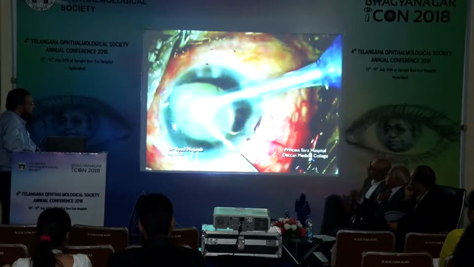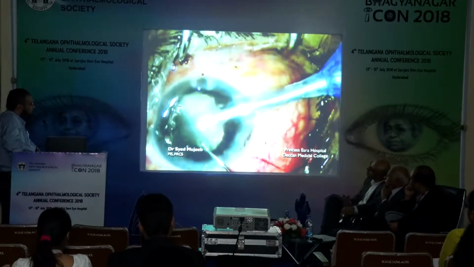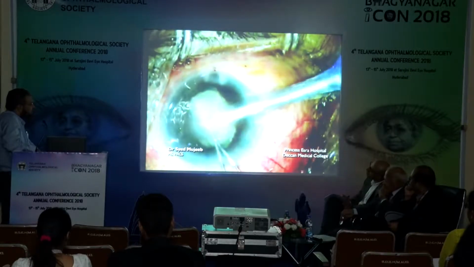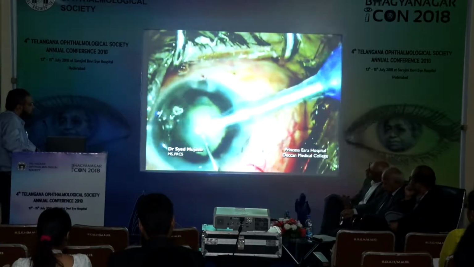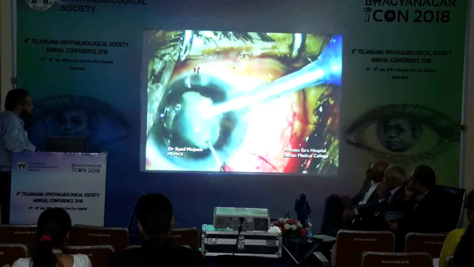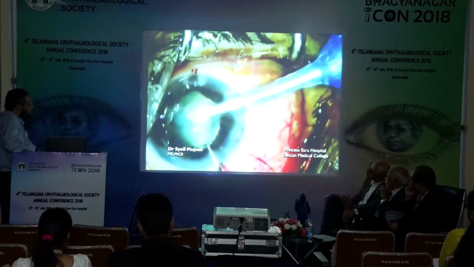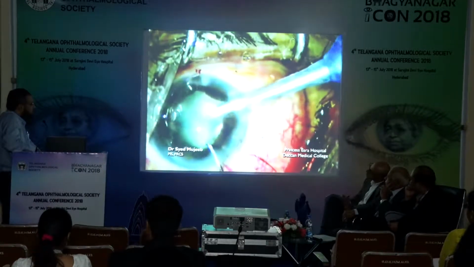So now towards the end again it's clearing a little bit. Because of the big rhexis, the nucleus came into the anterior chamber. I'm trying to do the surgery as far away from the cornea as possible.